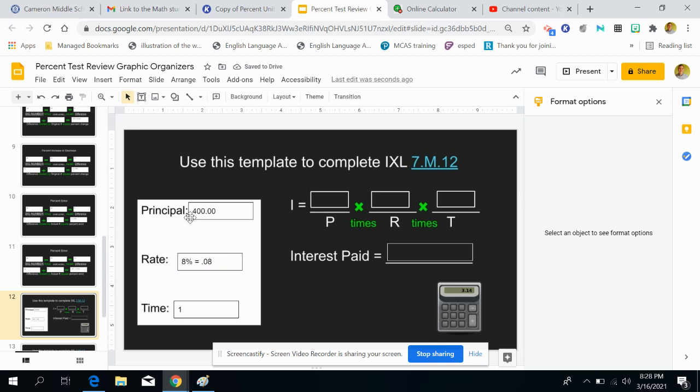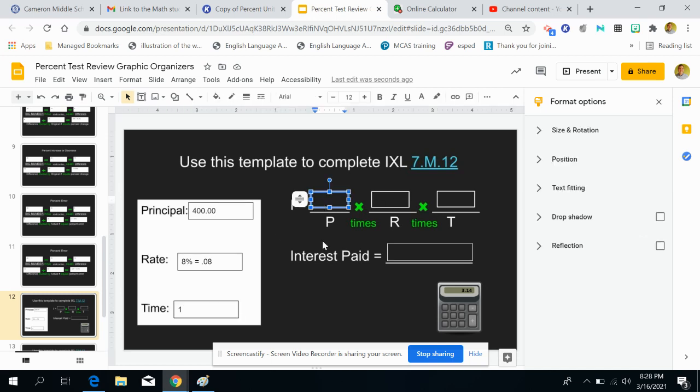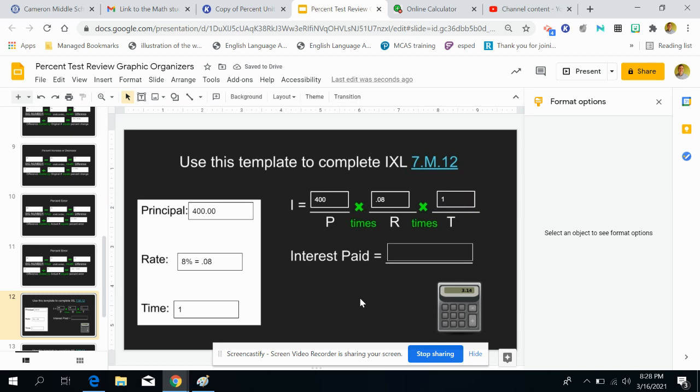Now I'm going to go ahead and insert my numbers into the formula. So P principal is 400, rate is 0.08, and time is 1 year. Now I'm going to go ahead and use my calculator in order to figure out how much interest is paid.